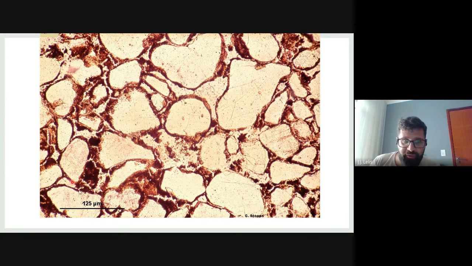So if I find this kind of fabric in a specific soil, in a specific horizon or layer, I know that this horizon presents alluvial clay. So this clay coating expresses the migration of clay. And this migration of clay expresses stability, tectonic and climatic stability. Okay?